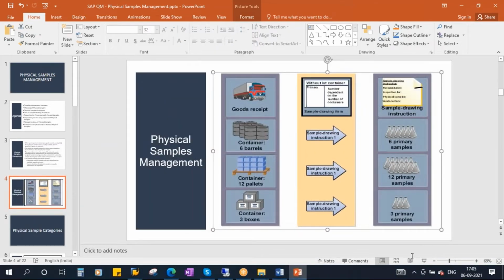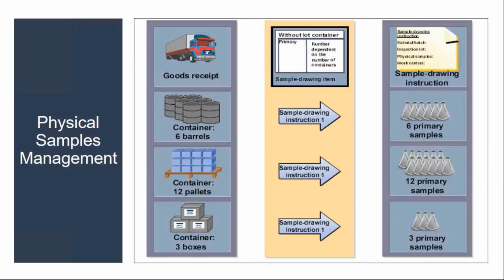Sometimes, when you receive the material, let's say you received it in 6 barrels. The requirement is to take a sample from each barrel, and you inspect all these samples. Sometimes you receive the material in 12 pallets, and the requirement is to take a sample from each pallet.